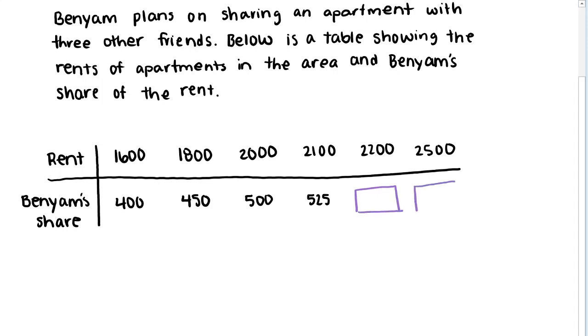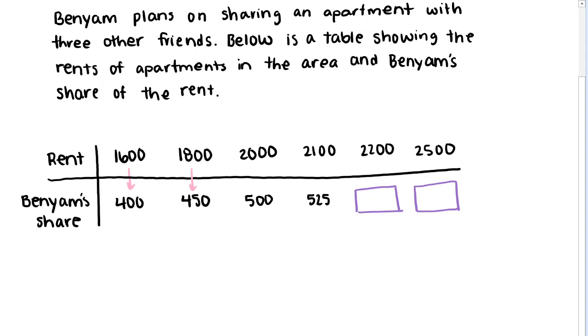Let's take some time to try and fill out these missing entries based on the previous information in the table. So here, maybe take a moment, pause the video, see if you can think of how these values are related to one another, how you might get from 1,600 to 400, or maybe 1,800 to 450.